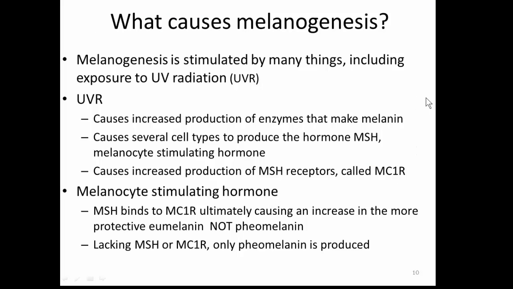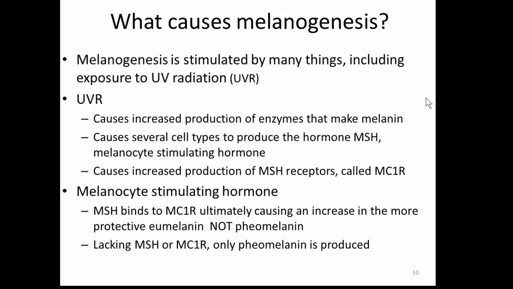I want to talk a little bit about what causes melanin production, also known as melanogenesis. So melanogenesis is stimulated by many things, including exposure to UV radiation. Most of us are aware of tanning. So tanning is a darkening of the skin that occurs in response to UV radiation exposure. So UV radiation exposure increases melanin production or melanogenesis through different mechanisms.